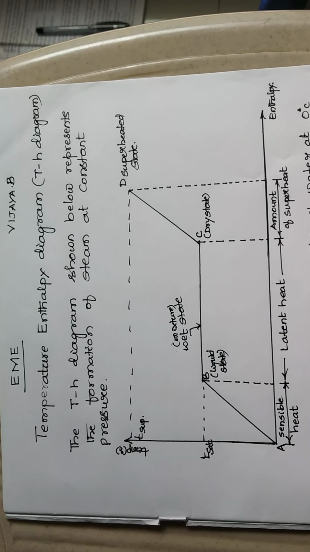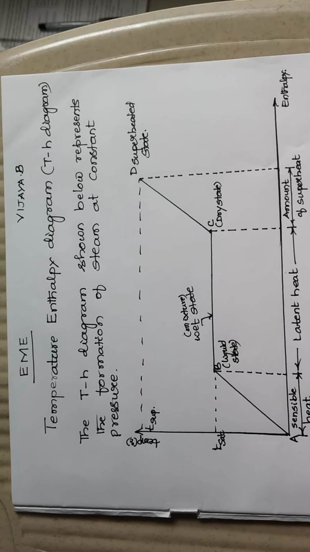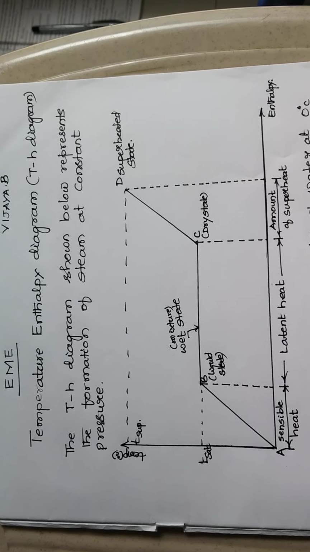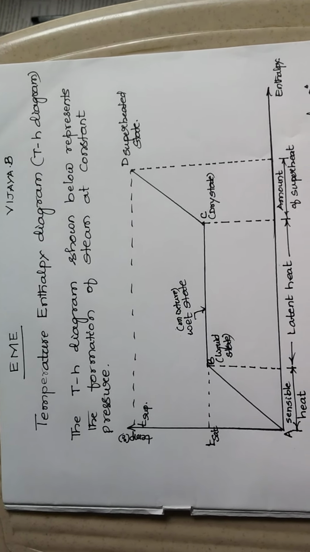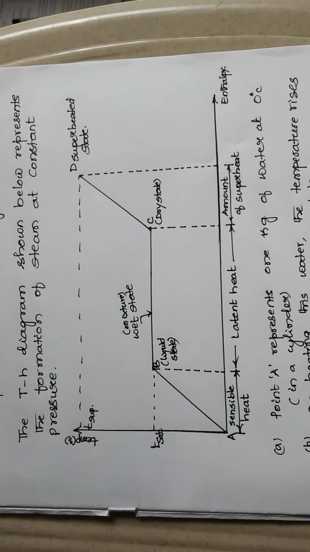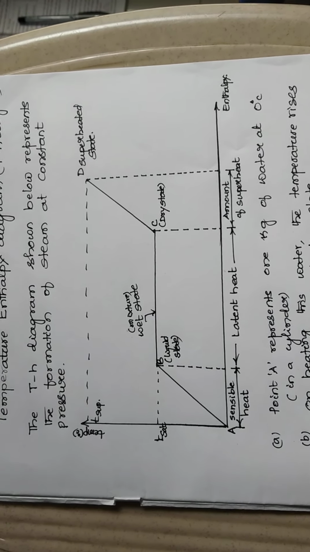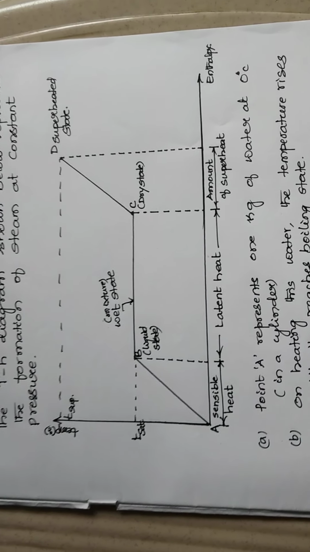Consider 1 kg of water at 0 degree centigrade represented by A on the diagram. As the heat is supplied to the water, its temperature rises.